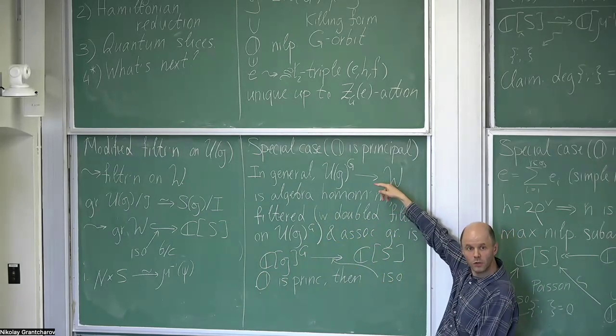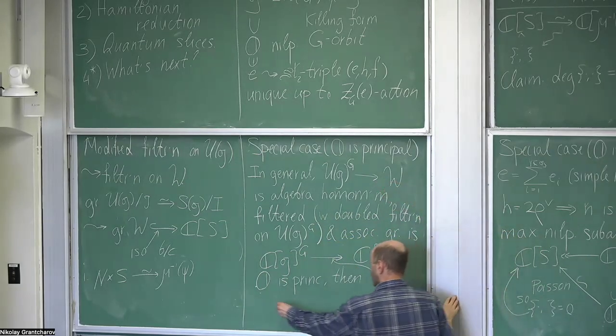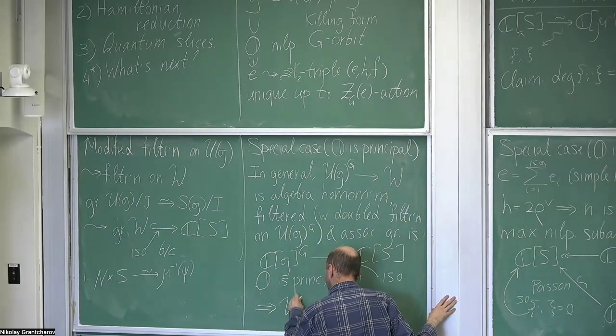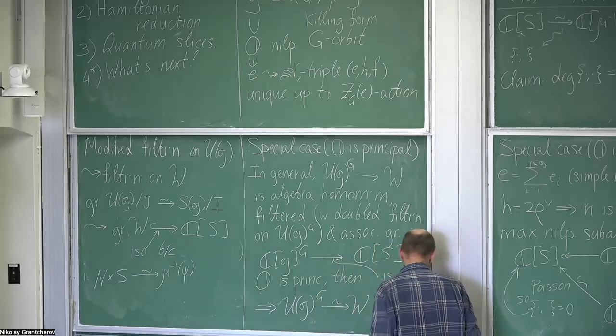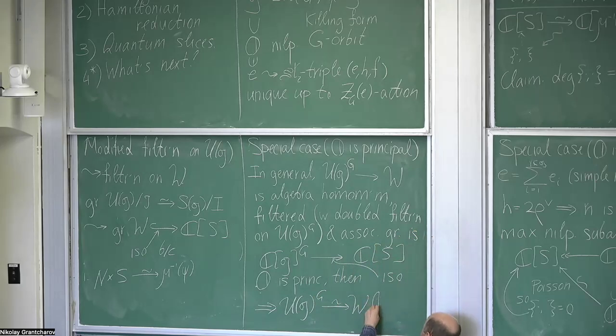The initial one is also an isomorphism. Thus the center of U(g) is isomorphic to W. It's beautiful.